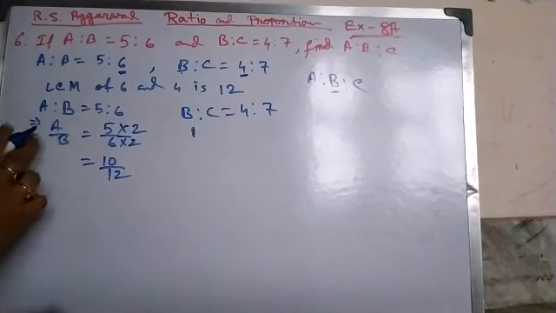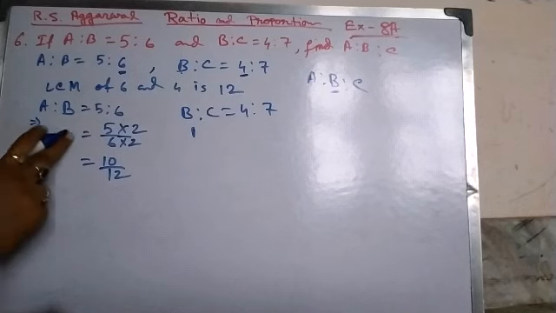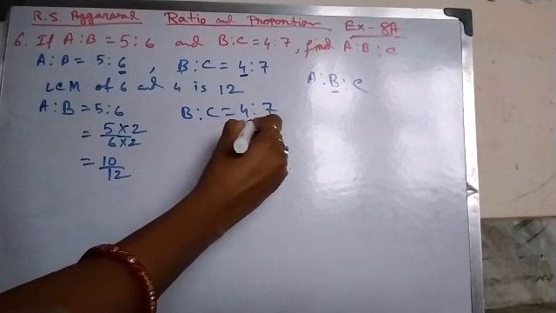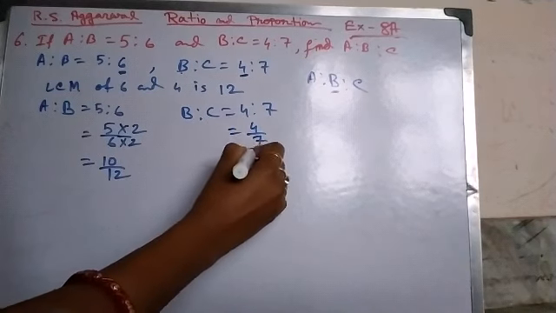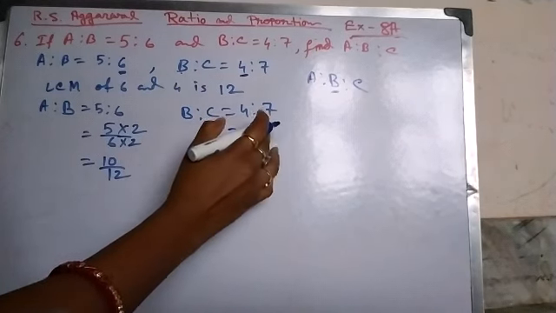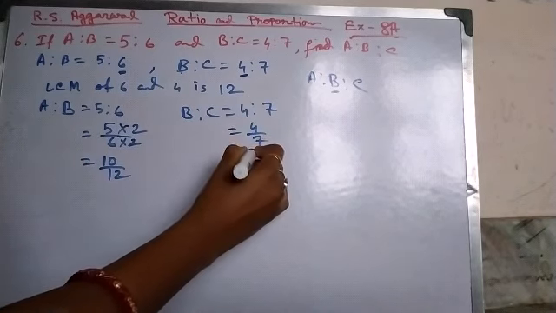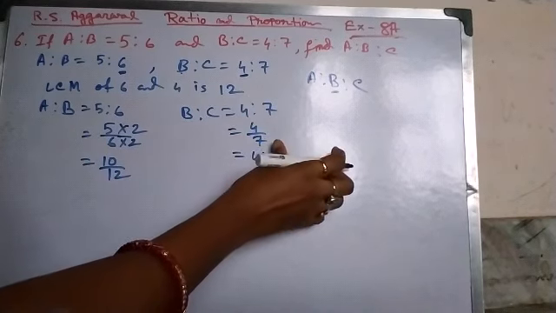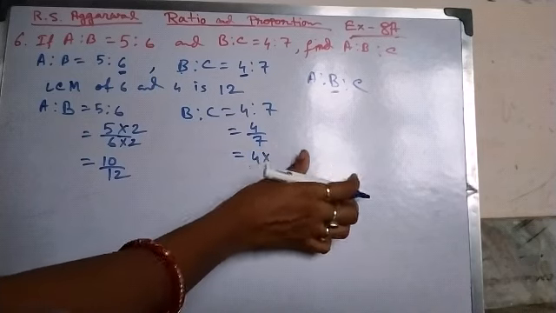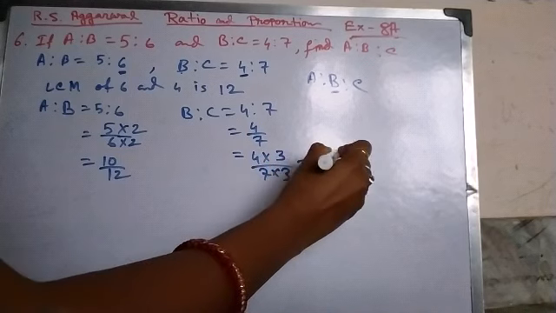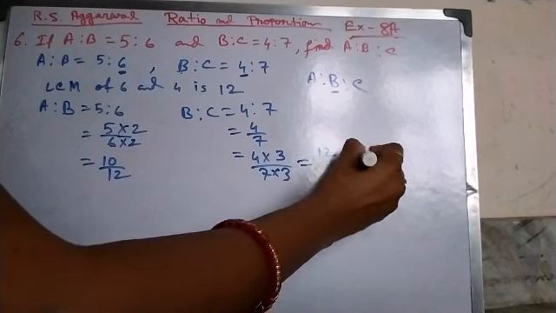And for this, B is to C equal to 4:7. No need to write it. Directly you can do it. This is 4/7, and we have to make this B part 12. That means 4 3s are 12. So 4 into 3 and 7 into 3. So we'll get 12:21.